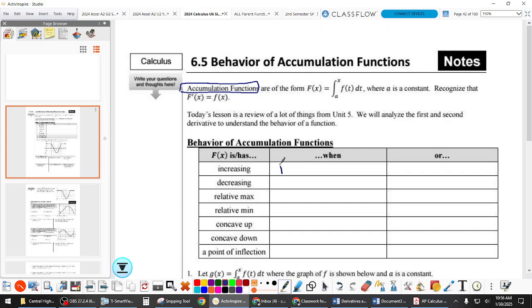If I say we have some function capital F, and I say, when do we know that it's increasing? The slope, F prime, is what? Positive. Yeah, positive. Okay? And decreasing when F prime is negative.